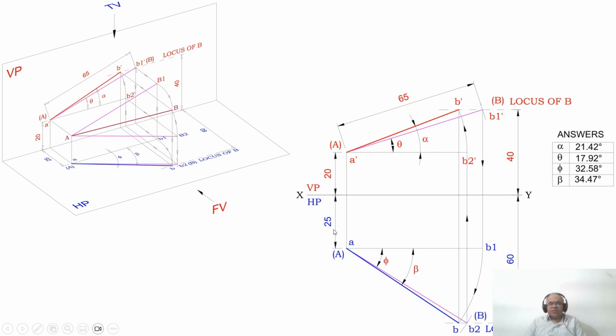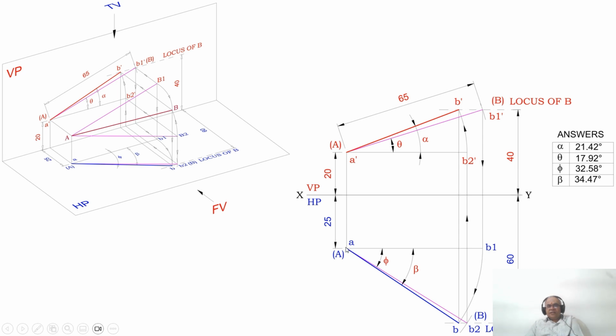Since we want to find the true and apparent inclinations, using the protractor with A dash as center, with reference to the horizontal, you measure the angle theta, which is 18 degrees. You get 17.92 when you are doing it in CAD, but when doing it manually, it will become 18 degrees, and then alpha will become 21 or 22 degrees.